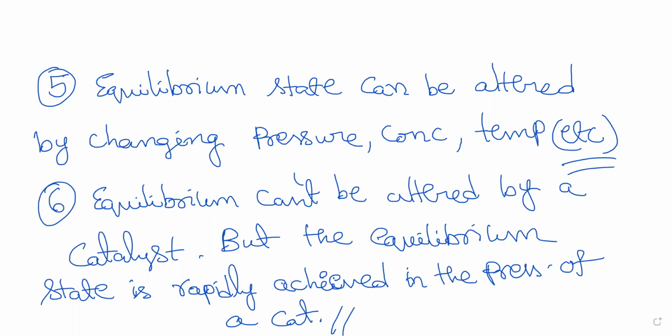So I am writing in short forms. I hope you can understand. Equilibrium cannot be altered by a catalyst, but the equilibrium state is rapidly achieved. That means we will reach it really fast. That means equilibrium is reached.